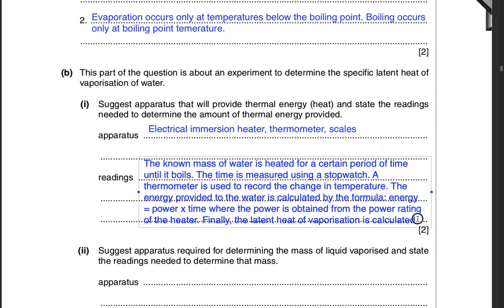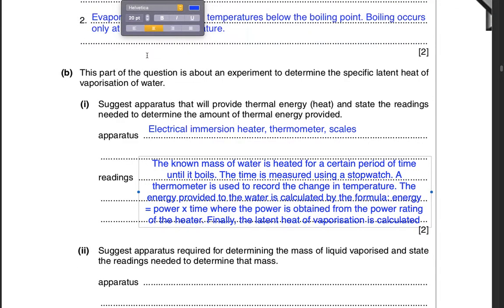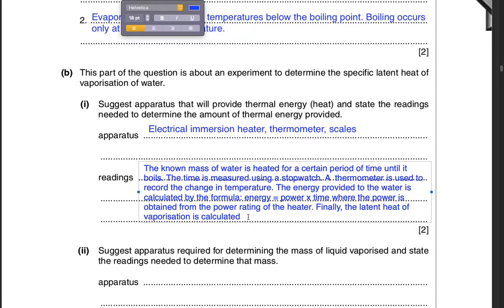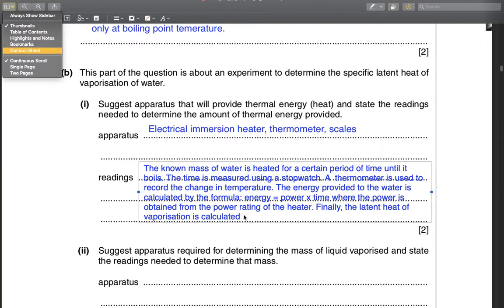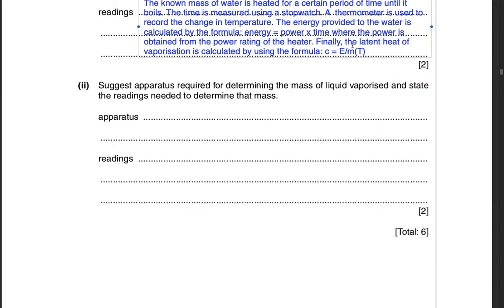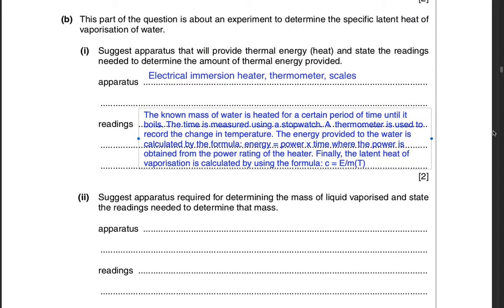Finally, it is calculated by using the formula: c is equal to energy over mass times delta T. So you just put it in fraction form. I can't put it in fraction form, so I just wrote it in this one.